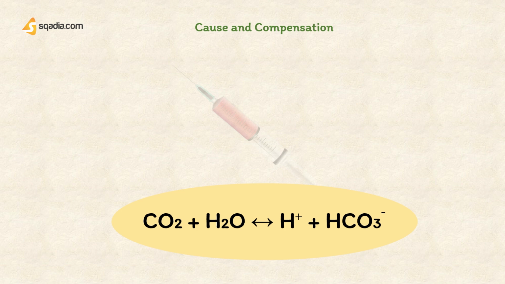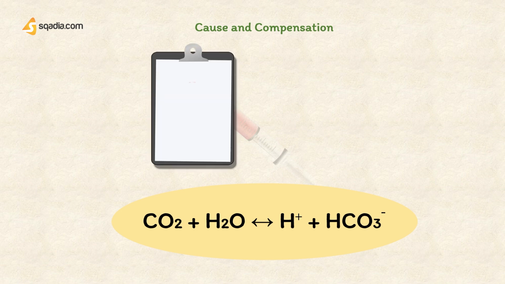Now we have a case where the pH is 7.25, the bicarb is low, and so is the carbon dioxide. What is the acid-base disorder? Since it is acidosis from the pH, we then look at the next two values. The bicarbonate level is low, and so is the carbon dioxide. Now, from what we've learned previously, which of these will drive the equation to produce more hydrogen ions?